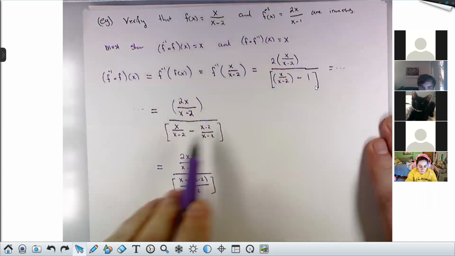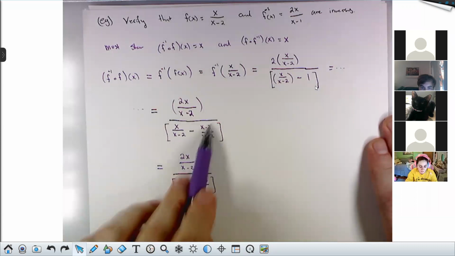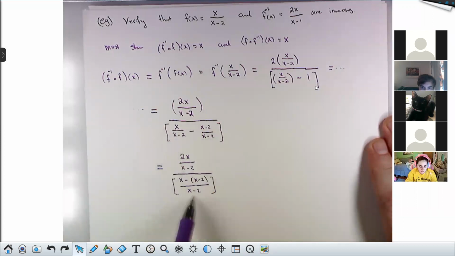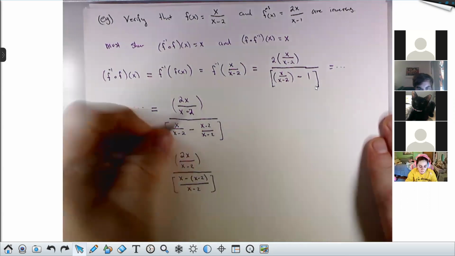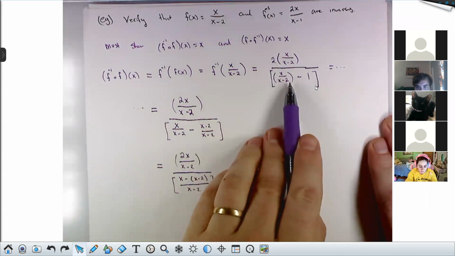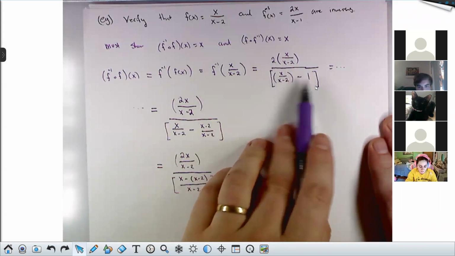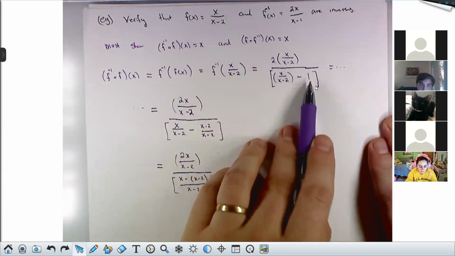When we subtract this fraction from this fraction, we're subtracting this numerator from this numerator all over the same denominator. Where did you get x minus 2 over x minus 2? I'm rewriting this 1 with the denominator of this fraction here. In order to subtract these two, they have to have the same denominator. This guy has denominator x minus 2, so multiply both sides times x minus 2.